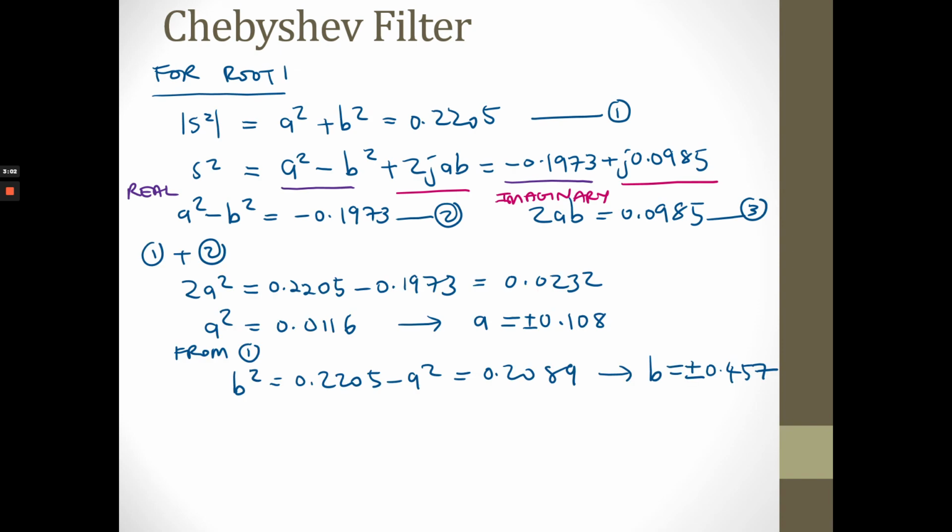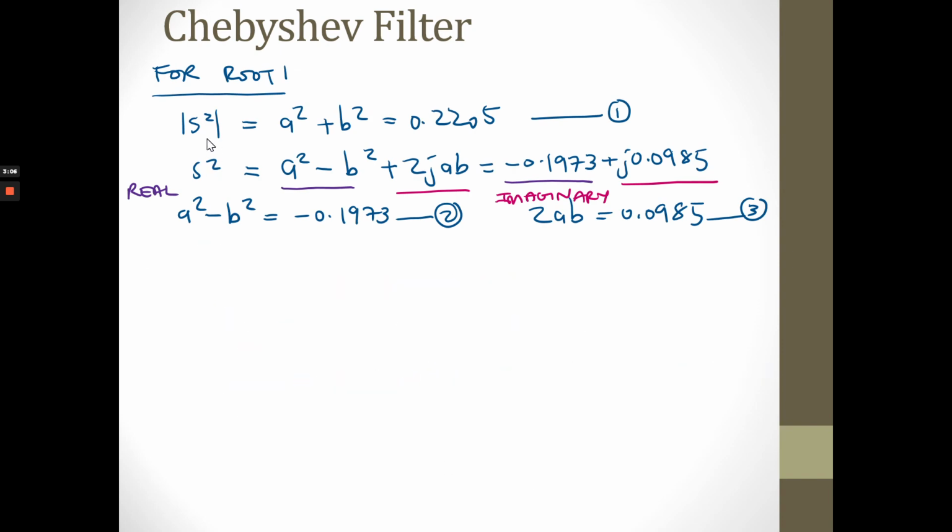The next one, for the first root, based on the equation of magnitude for s squared, we have a squared plus b squared. Based on equation number 1, this is applicable for both root number 1 and root number 2. The magnitude is 0.2205.